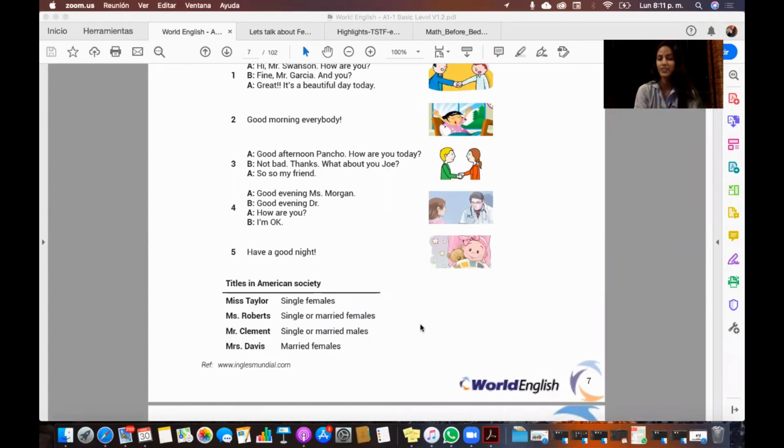Okay, so we have Miss Taylor. That is for single females, solteras. Single females, Miss Taylor. The other is Miss, but it's like a different E. So it's Miss Roberts. So that is single or married females. So you don't know if it's single, if it's married.